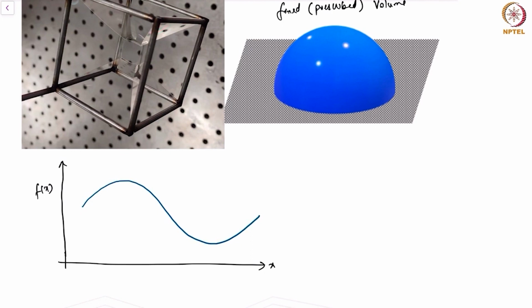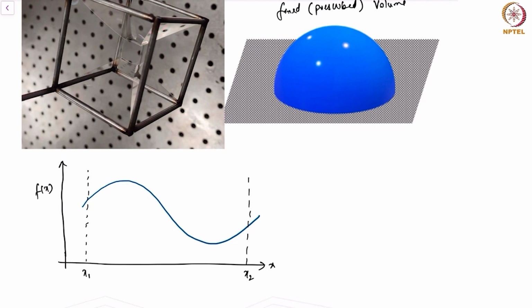Now I could ask a question, which is, what is the maxima and the minima of this f of x between 2 points x1 and x2? This is a well-posed problem.